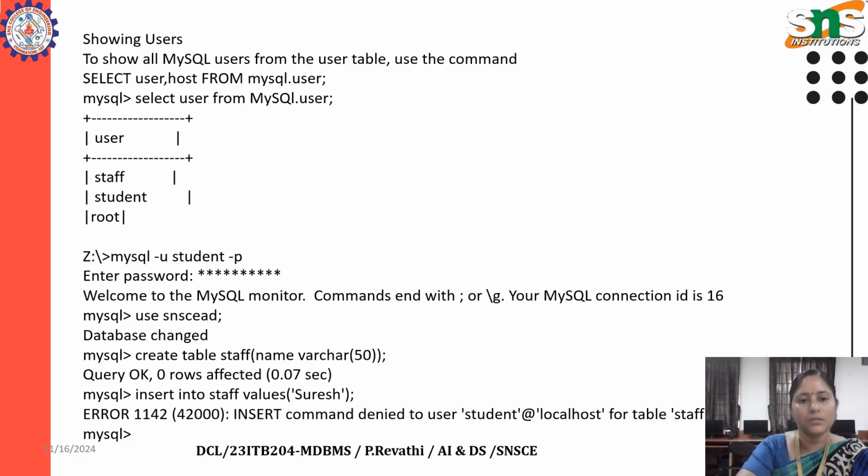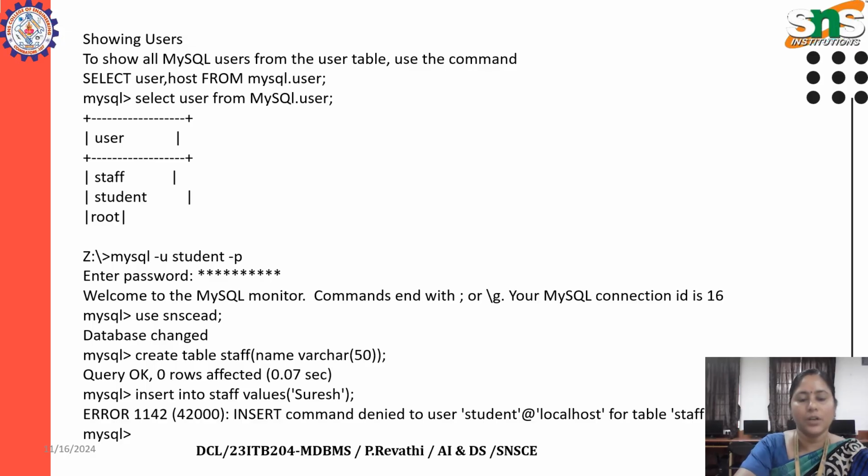After creating the grant for student, you have to log in using a separate command prompt: mysql -u student -p. Now you have to select the database using the use command. Use SNSCE, where SNSCE is the database name.